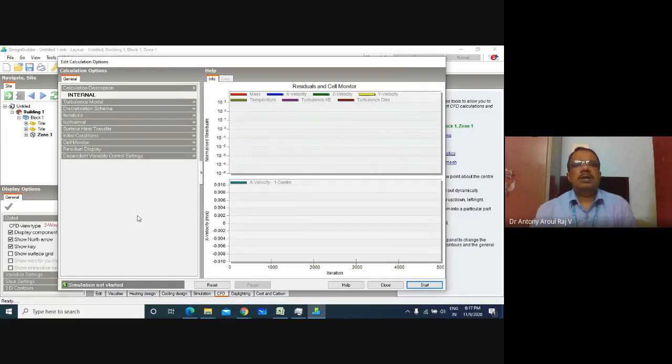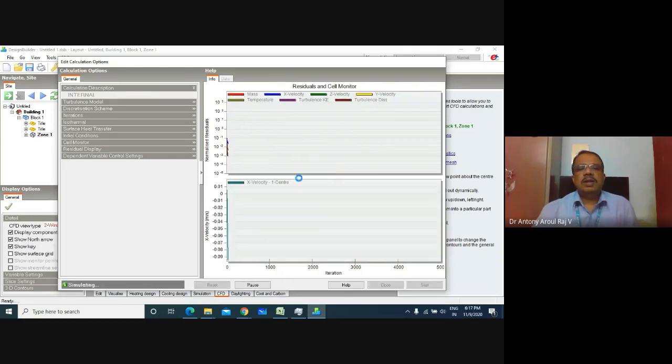Now we have created the domain, discretized it, meshed it, and after that we have given boundary conditions: temperature boundary conditions, flow inlet, flow outlet boundary conditions. All these things we have given. Now we are starting the simulation. Here you can see, unlike an external CFD analysis, it is fast.